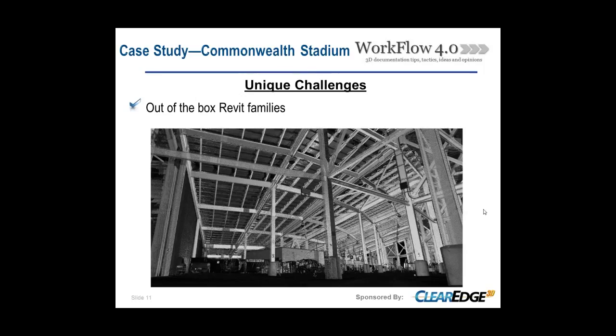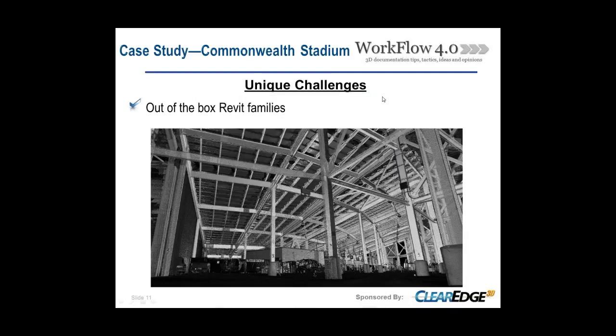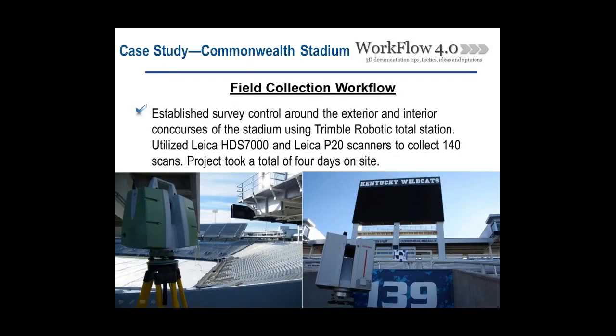So we had to go through and adjust our Revit families and create new beams, new columns, and everything else within our families so that we had the correct beams in there, because we had the existing drawings for this. We would cut through and make sure that our measurements matched what was there, and as long as they did, we would take those members and fit them into place. And with the existing out-of-the-box Revit families, a lot of those didn't exist.